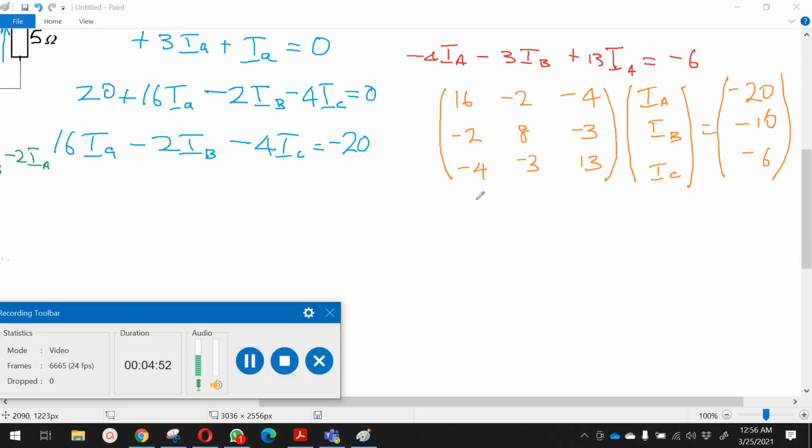Now, the next stage is for you to solve these equations. I have a calculator that allows me to solve linear simultaneous equations with 3 variables, but there are many apps online that allow you to solve linear simultaneous equations with 3 variables.